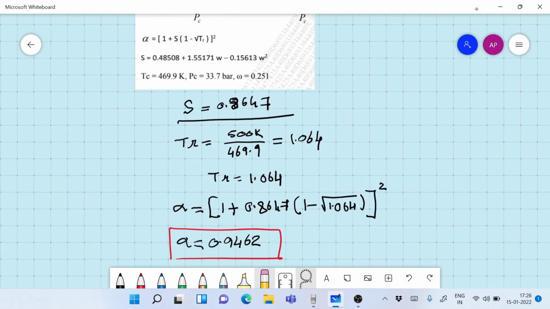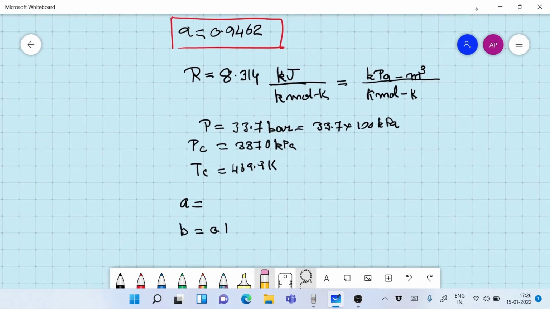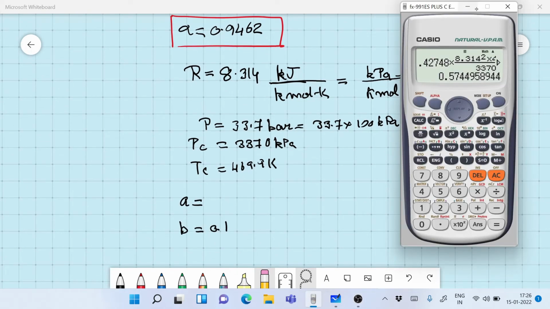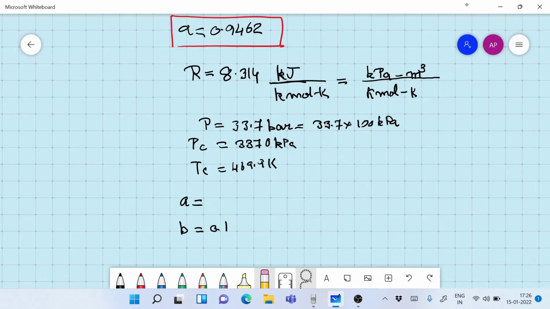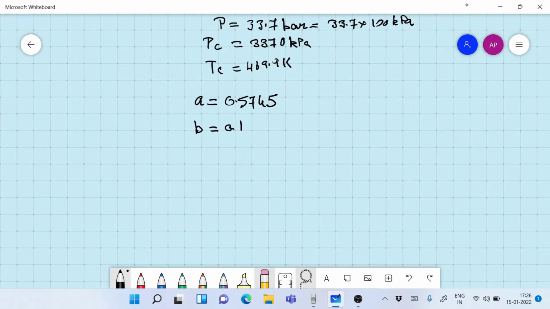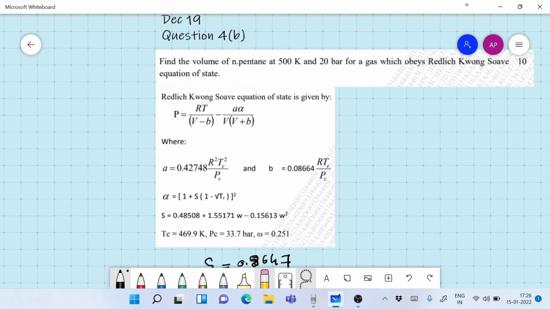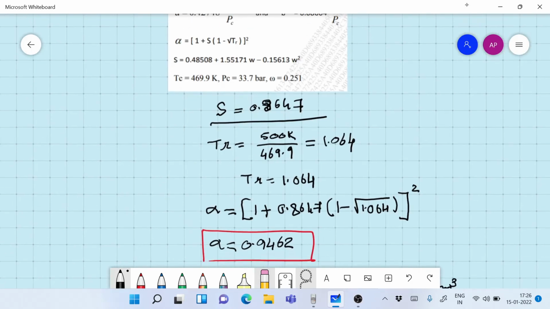Not much of a difference, but still let's make a note of it. 0.5745. Now we have the value of A and B, and let us quickly write the equation. Don't bother simplifying it. I will tell you an easier method to solve it.